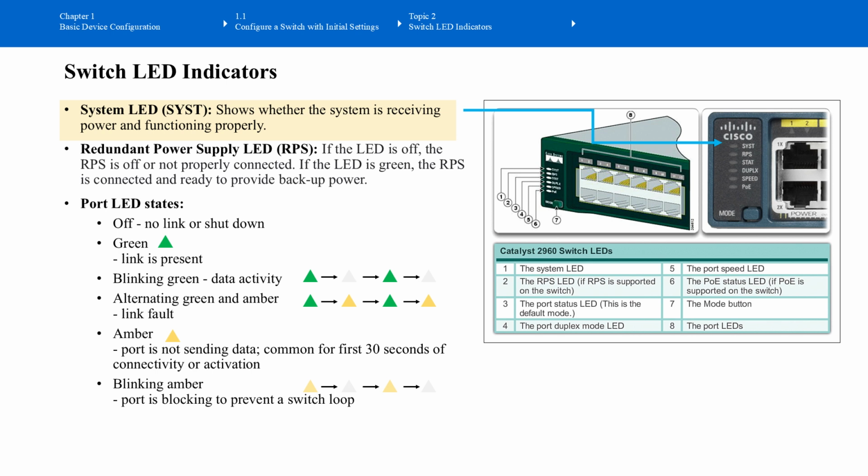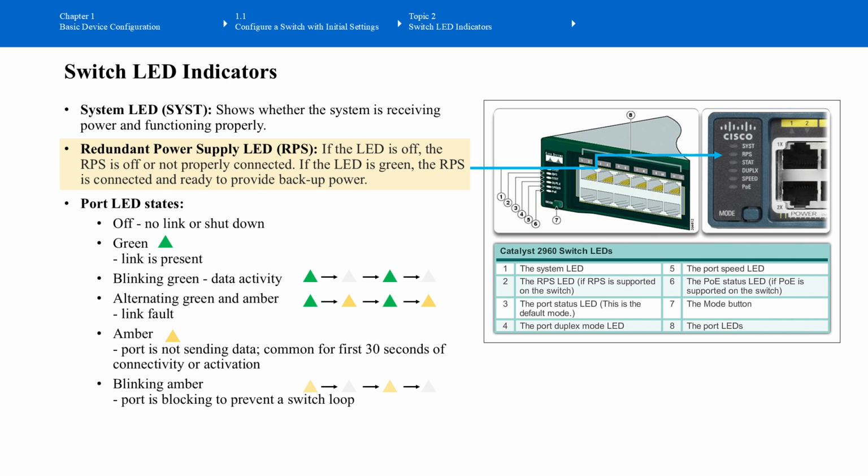And then the light below it is the redundant power supply LED. We already know these devices, including switches and routers, need to be running continuously, and the power connection to them is crucial. Usually we need to connect the device to multiple power sources using several power supplies to keep it running.